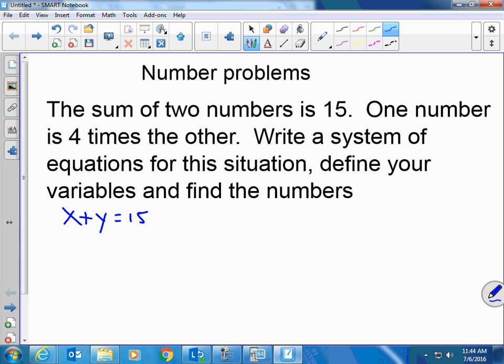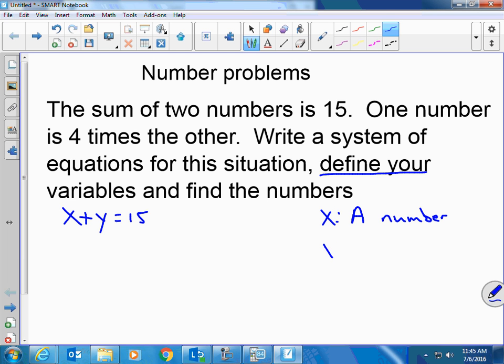They're variables. If I use a variable, I must define it. When it says define your variables, it means what does X stand for? And X simply means a number. It simply stands for a number, right where you can read it. So what is Y?